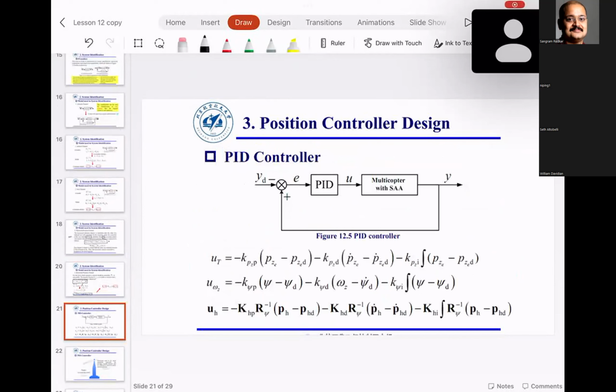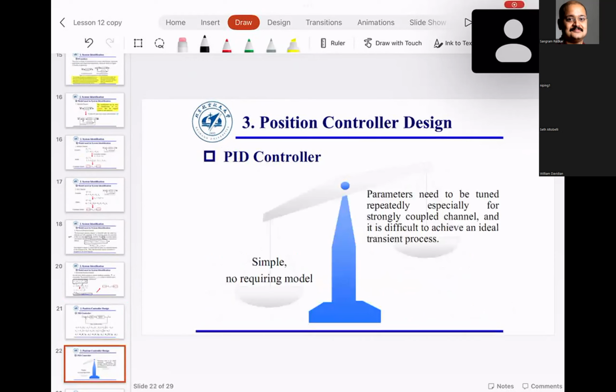Now, again, if you want to add PID controllers, the same equation, you would have a Kp working on the difference between the positions, Kd working on the difference between the velocities, and Ki working on the integral of error. The error between the desired position and actual position is e. So you have Kp acting on e, Kd acting on e dot, and Ki acting on the integral of error.